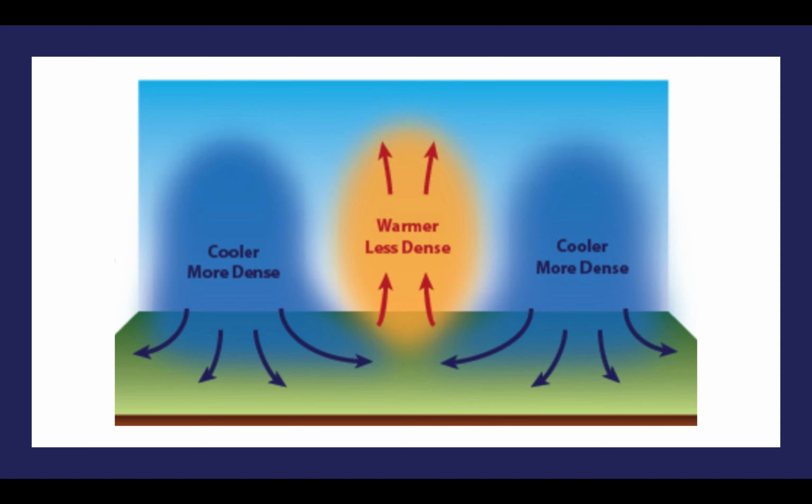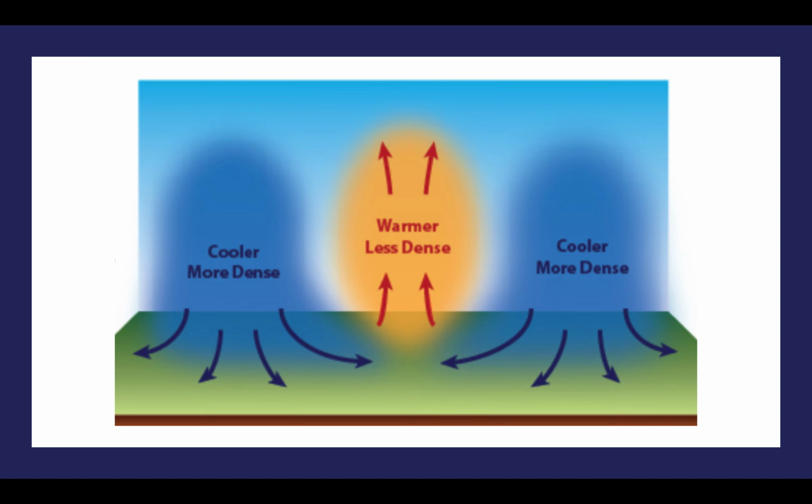So, if we imagine the scenario at a beach, during the day the sun will warm the land. The land warms up much faster than the water body does. So the warm air from the land will go over the cool sea breeze coming inward.